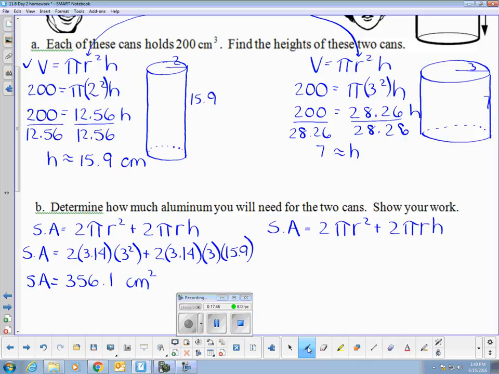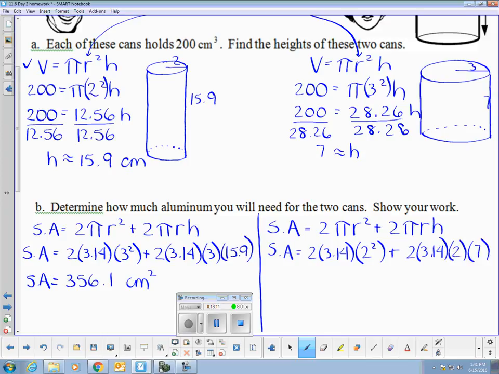For the second container, the radius is 2. And the height, 7. It's about 7.